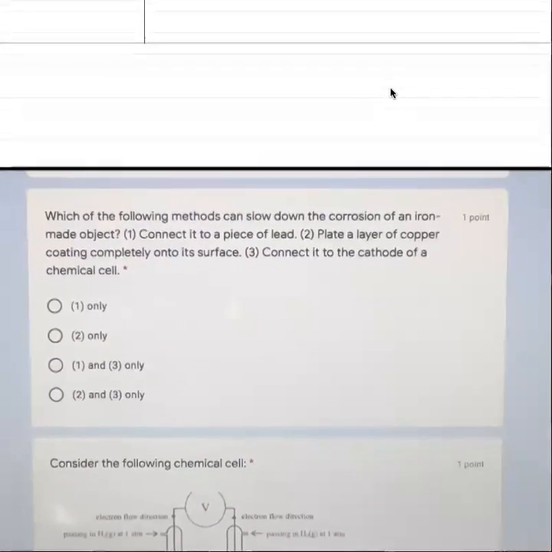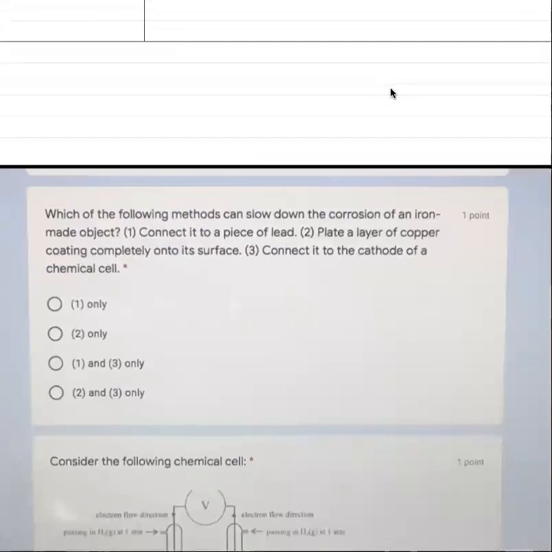Which of the following methods can slow down the corrosion of an iron-made object? It's related to Unit 13 you learned last year. So the first one, connected to a piece of lead. You need to remember the reactivity of metals. Iron is actually a more reactive metal than lead.